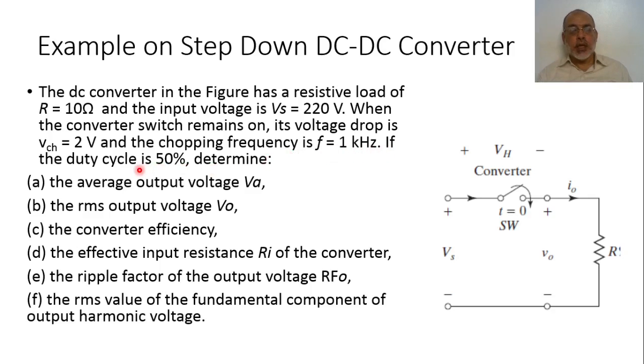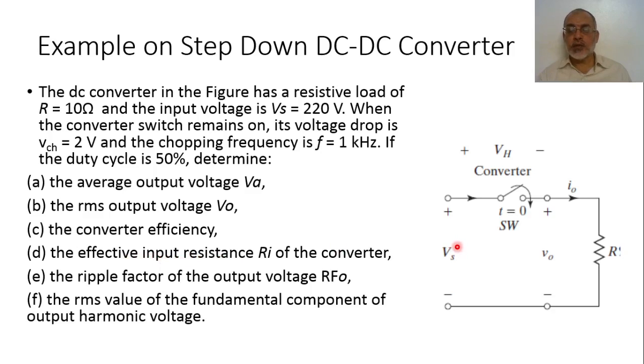If the duty cycle is 50%, this duty cycle is a small k. Determine what is the average output voltage VA, what is the average voltage at the load, what is the root mean square output voltage VO, what is the converter efficiency. If we remember the parameters of the converters, we will see what is meant by the converter efficiency. What is the effective input resistance?